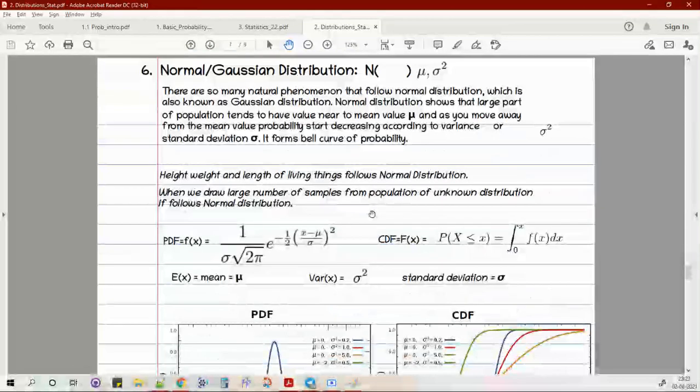So normal or Gaussian distribution is nothing but the most natural distribution that is observed in nature, right? That's why it's called the most natural distribution. Why? Because in nature, so many phenomena or occurrences follow this kind of distribution, normal or Gaussian. And the parameters that we are giving are also very standard.